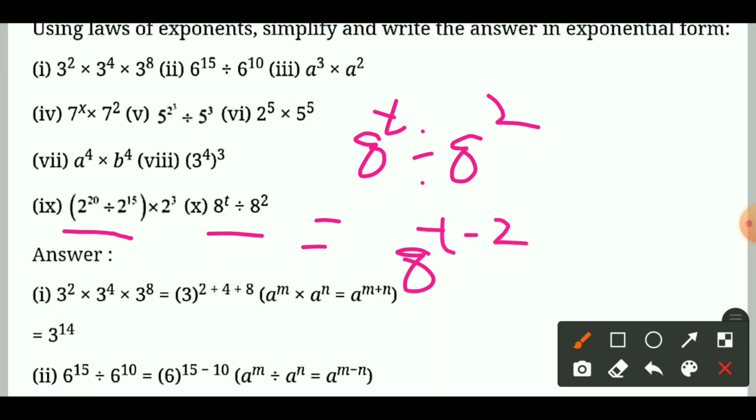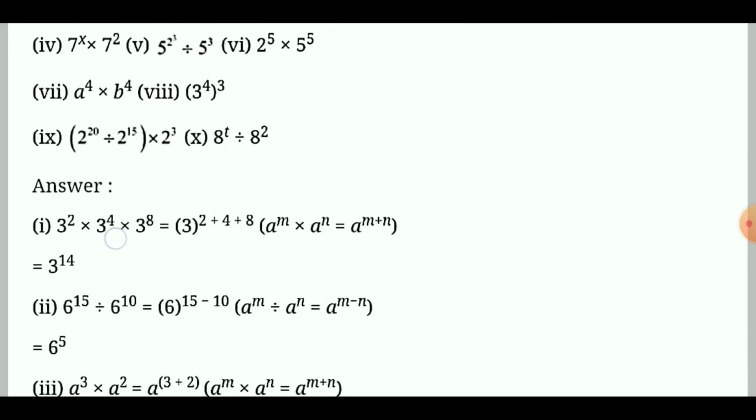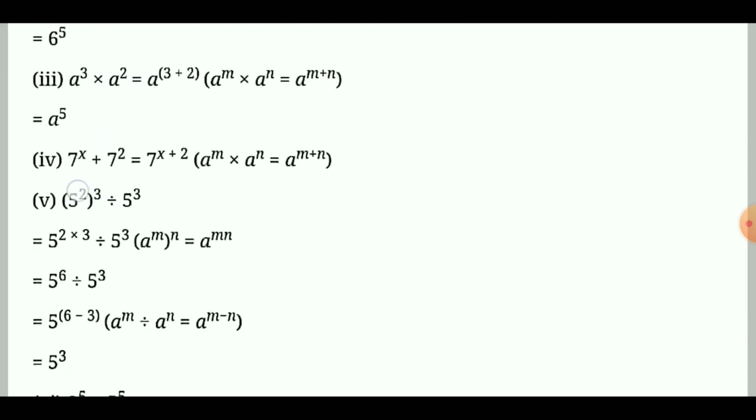So we are going to subtract the powers, t minus 2, and as we can see here, t and 2 are unlike terms, so we cannot solve this because we have learned unlike terms cannot be added or subtracted. So we can leave the question here. So the answer is 8 raised to power t minus 2.